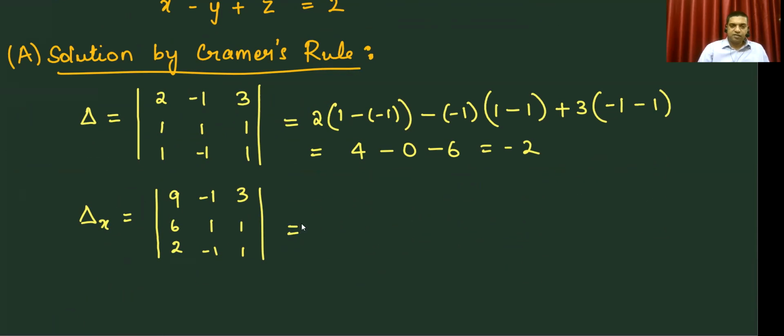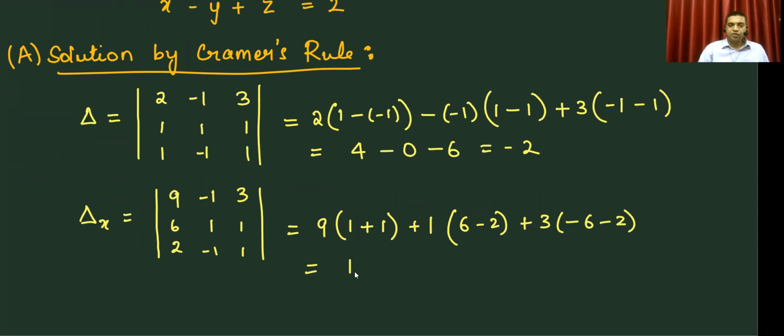Now let us expand. So first 9 into 1 minus of -1, 1 plus 1, then minus of -1 times 6 minus 2 plus 3 times -6 minus 2.